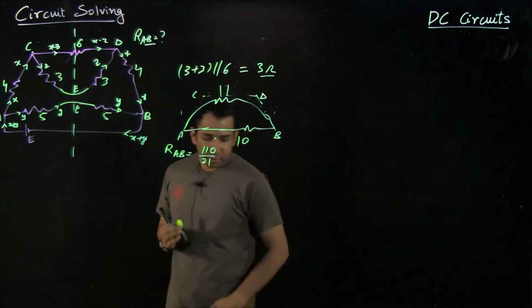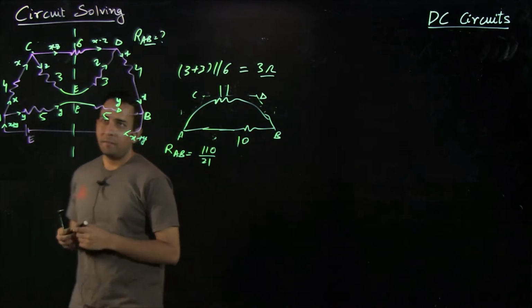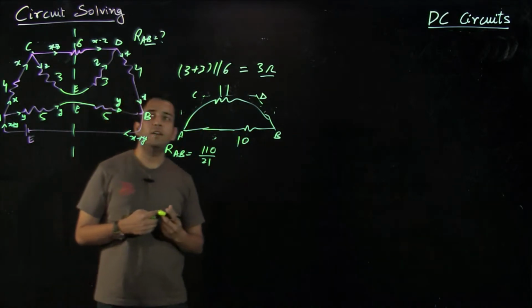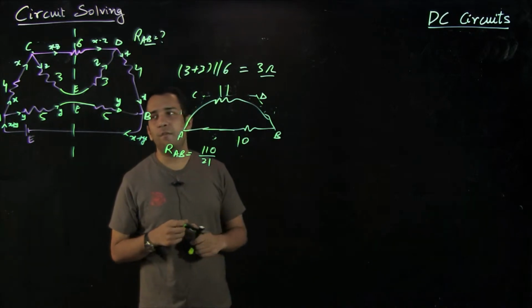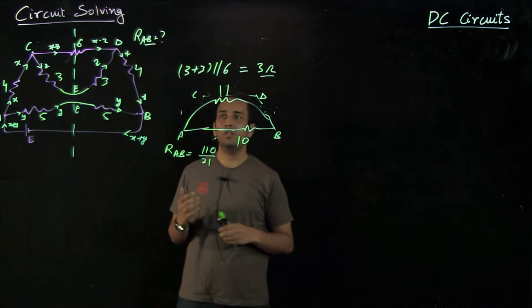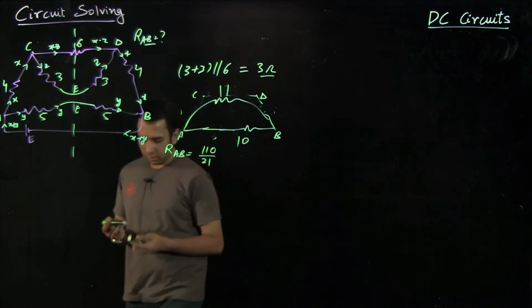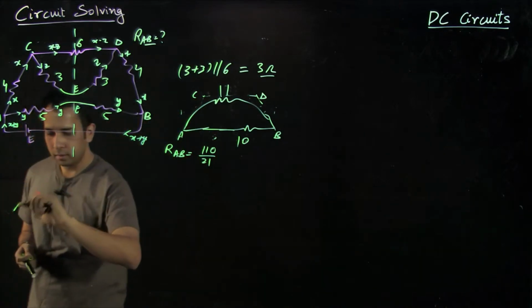One more thing which I need to discuss is that whenever we are asked to find RAB, it's not necessary that we would be finding it through the series and parallel combination. So one such example is this.